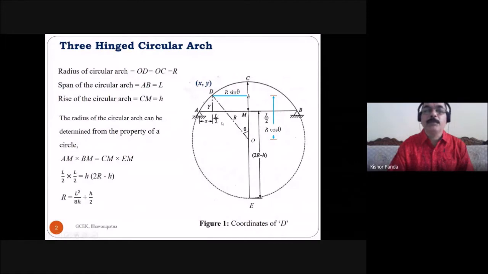AM is equal to L by 2. And BM is also equal to L by 2. So L by 2 into L by 2 is equal to H into 2R minus H. Then you can find the radius of the circular arch. This is equal to L square by 8H plus H by 2. So this is the radius of the circular arch.